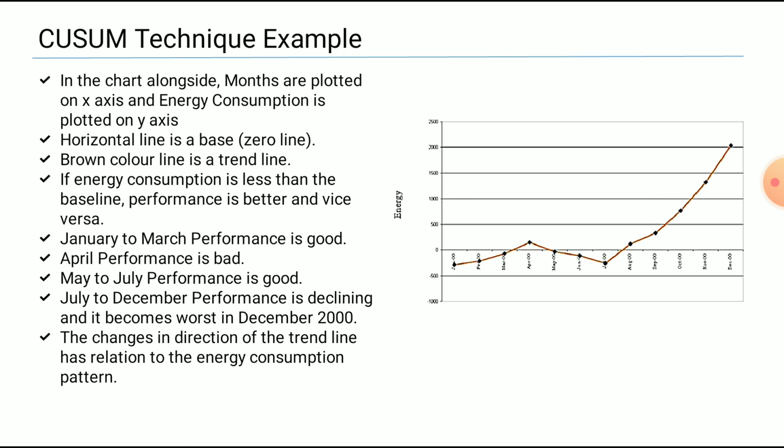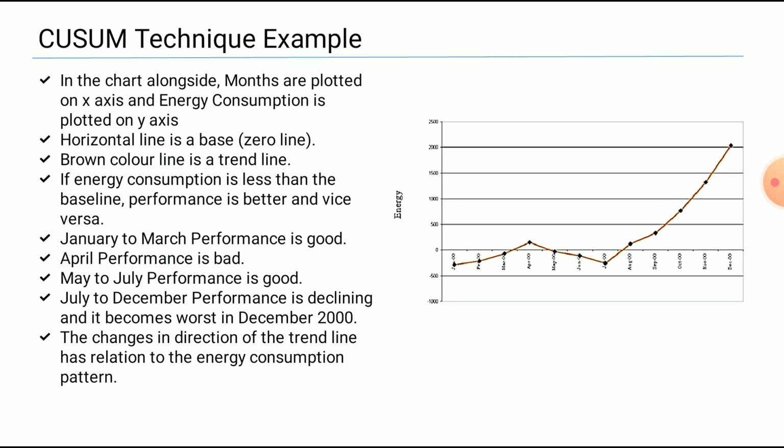If you consider the months January, February, March, the values are less than the baseline, so we say the performance of that industry is good.